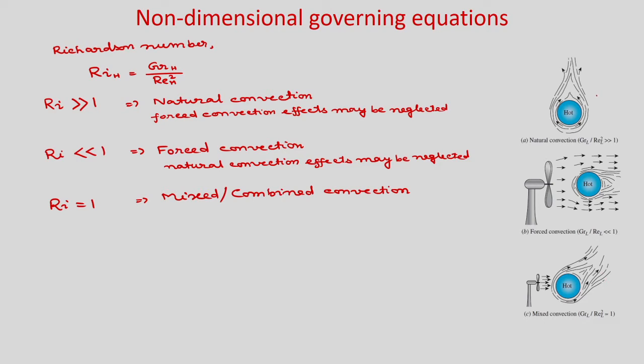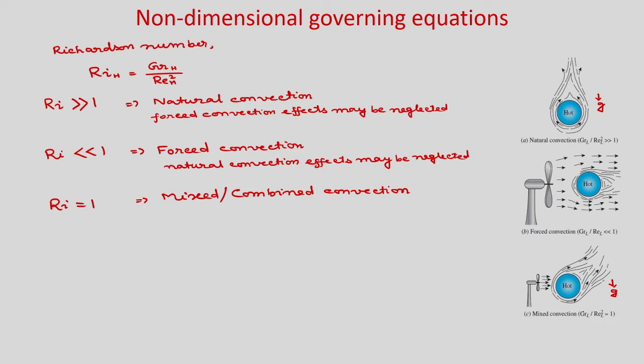So, in this case g is there and also in this case g is there. So, obviously you will have buoyancy effect. So, this plume will go up, but you have forced convection also in the x direction. So, you will see the plume goes up in an inclined manner. So, it is known as mixed convection.